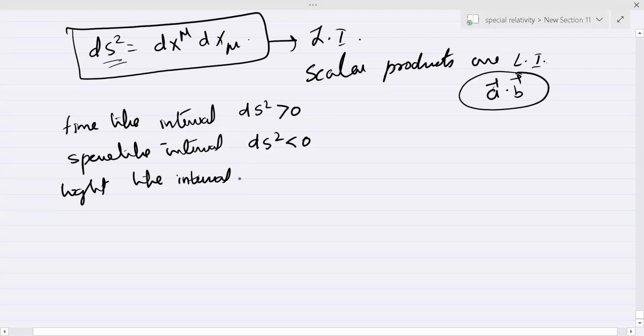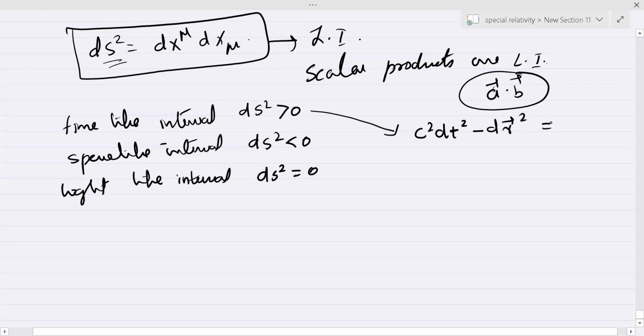Time-like, space-like. Time-like interval: ds square greater than 0. When ds square is greater than 0, this means c square dt square minus dx square. I'm just writing one spatial dimension; we can write three spatial dimensions, doesn't matter, or we can include all three as dr vector square.